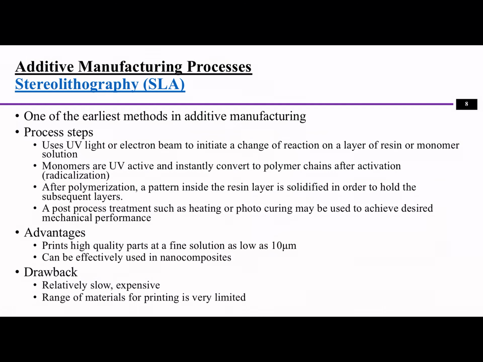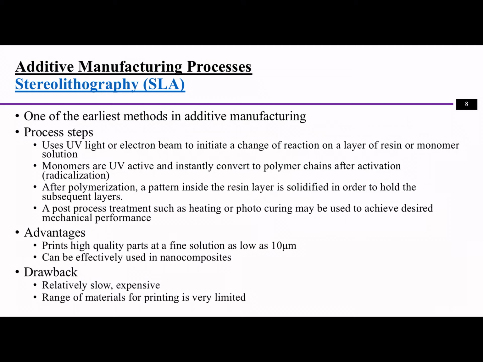And the next process is stereolithography. This is also the start of 3D printing, where a resin is used as the raw material, and then UV light or an electron beam initiates the reaction. That reaction is polymerization, right?